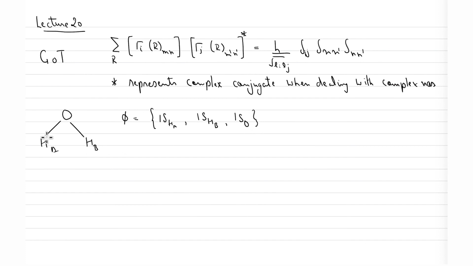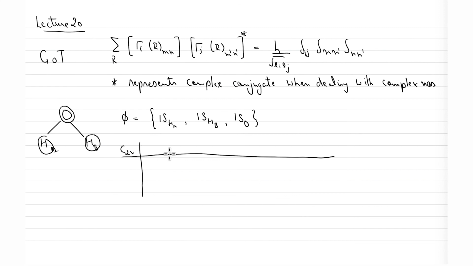So the basis set is these three orbitals. Let us take this basis set and develop a representation. Again, we don't know whether it's a reducible or irreducible representation. The dimension of the matrix will be 3 cross 3 because the number of bases is 3.